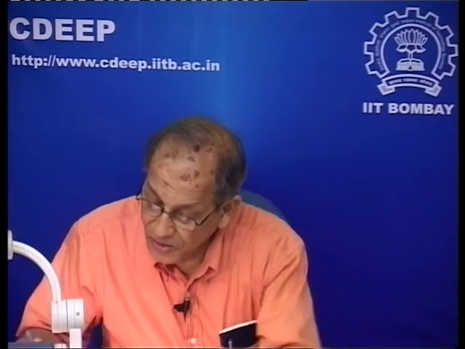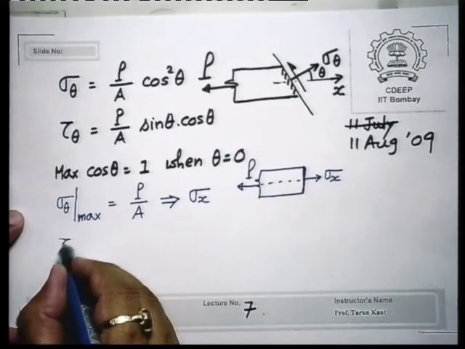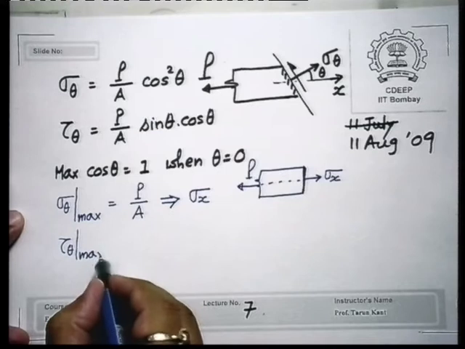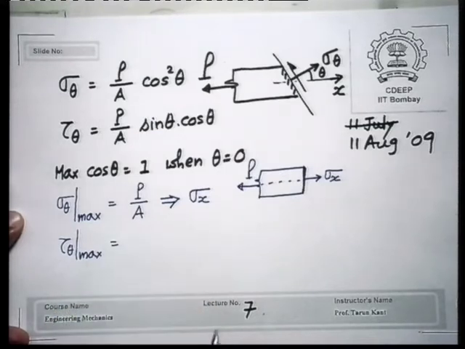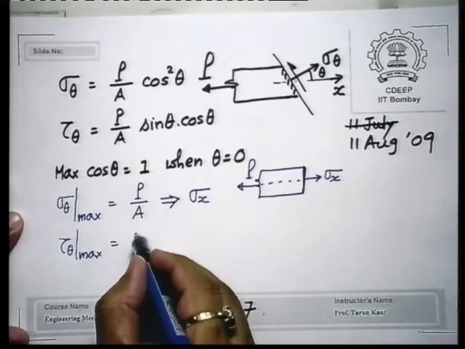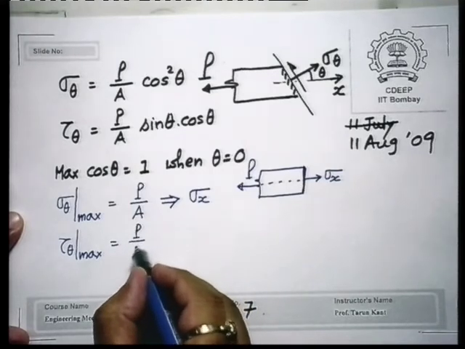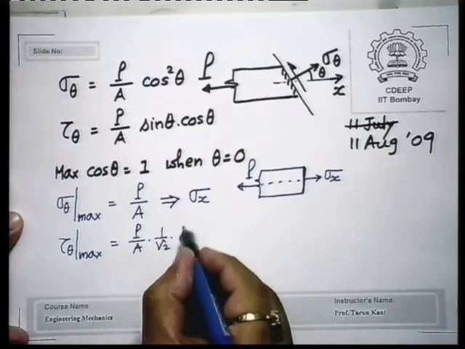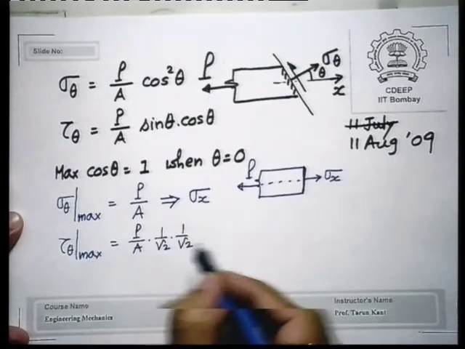So, tau theta is maximum when that is equal to how much? P by A times 1 by root 2, times 1 by root 2.